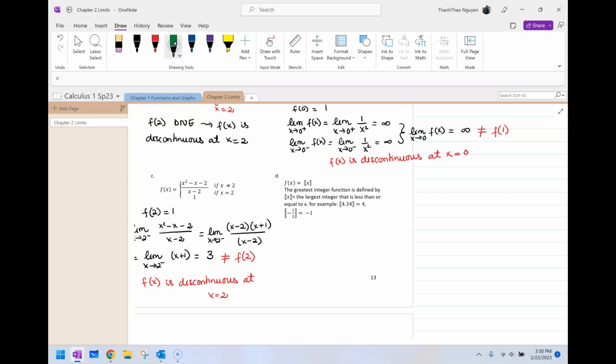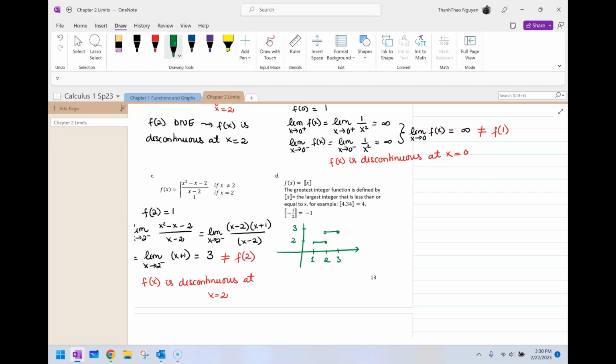Okay, this means if you draw this function out, at 1, 2, 3, anything that is a little more than 1 makes 2, and anything that is a little more than 2 makes 3. And 2 equals 2, 3 equals 3.